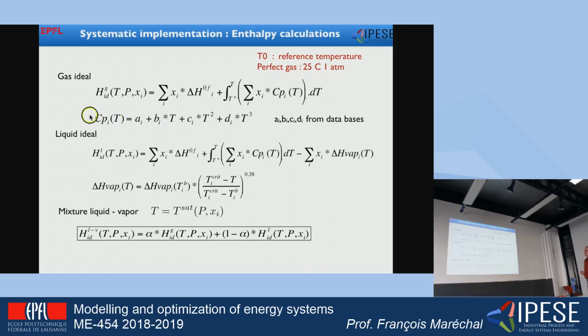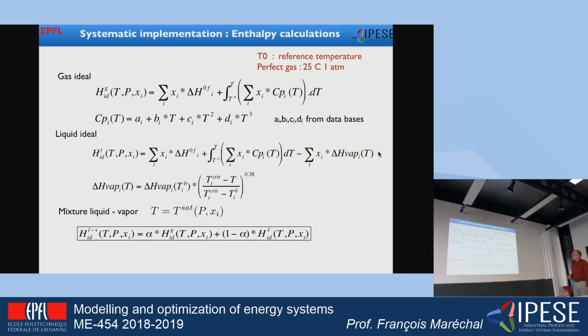Now, I have the way to calculate the gas. This is the formula for the liquid. And you can see that the liquid is going to follow the same expression. And I can even calculate the enthalpy of the liquid based on the enthalpy of the gas. So I can say that the enthalpy of the liquid is the enthalpy of the gas minus the heat of vaporization at a given temperature.